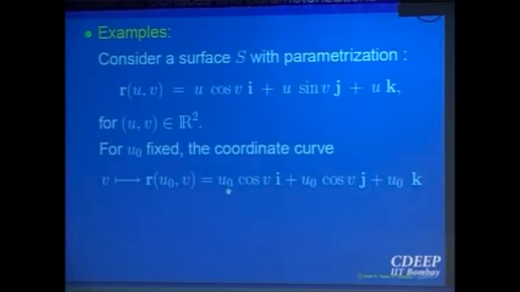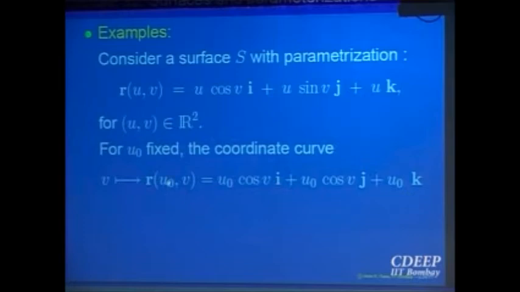It is given by u0 cos v, u0 sin v, so that is a circle. So all these you can think of as sections perpendicular to the z axis of that surface, they are all circles, right? As u0 becomes larger, the radius becomes larger. As u0 becomes smaller, the radius becomes smaller. Clear? So there are circular sections becoming larger and larger.